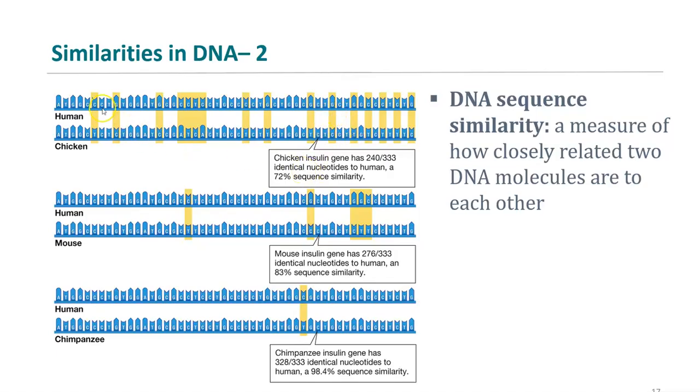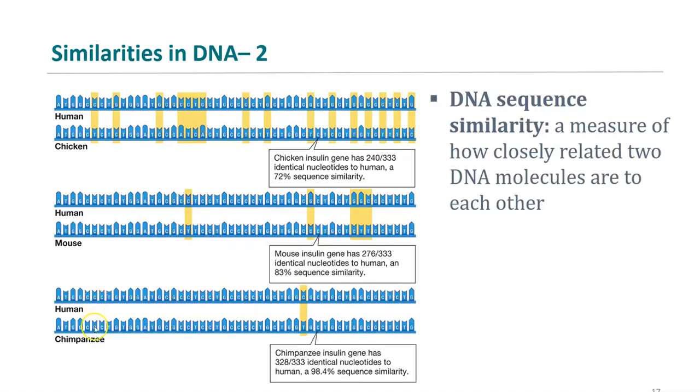Between humans and chickens, chickens are birds, we are mammals, there are 240 identical nucleotides out of 333. If we compare a human to the mouse, so we're comparing two mammals that would have shared a mammalian ancestor, the number goes higher. So we see fewer differences in that gene sequence for insulin.